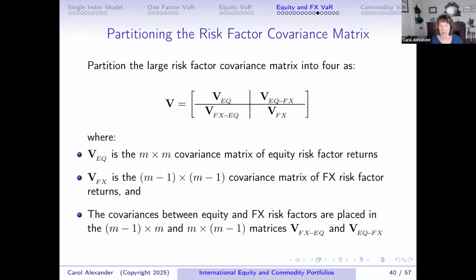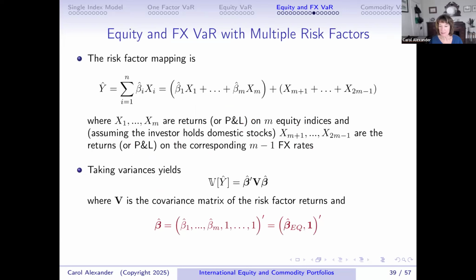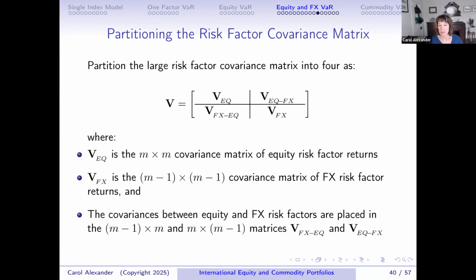And then if we imagine we're putting the beta prime V beta with this, and our beta is also partitioned as the beta equity part and the ones, we can actually isolate just the top left quarter and the bottom right quarter. Forget about the covariances between equity and FX.